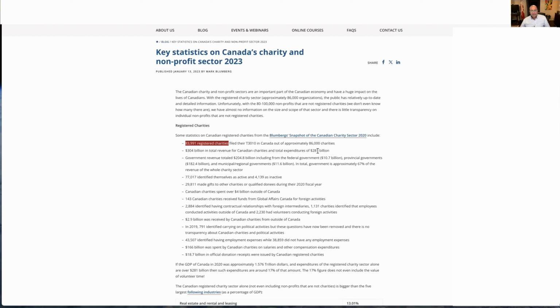And corporations, of course, pay their taxes to the government as well, but they also have the option to pay donations to charity companies instead of paying their taxes. The best example that I can give you is Bill Gates, who owns, of course, Microsoft. He also has a charity company.